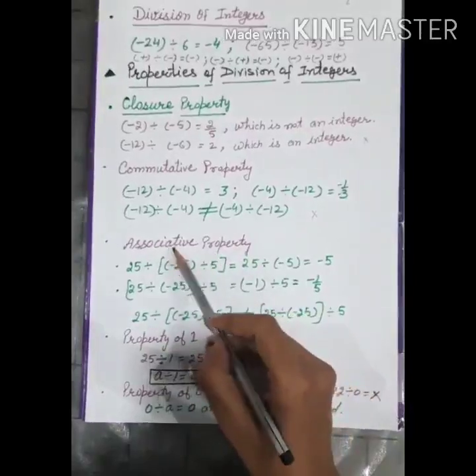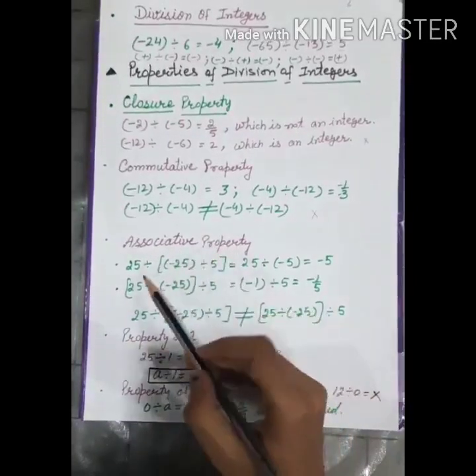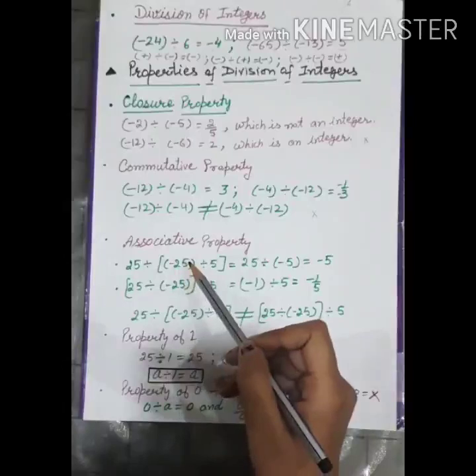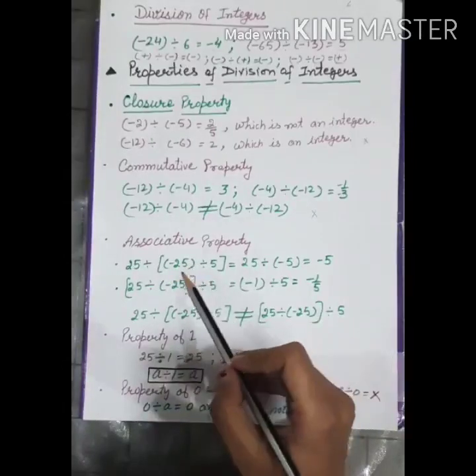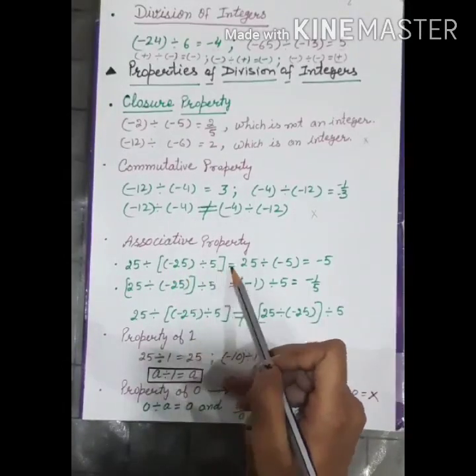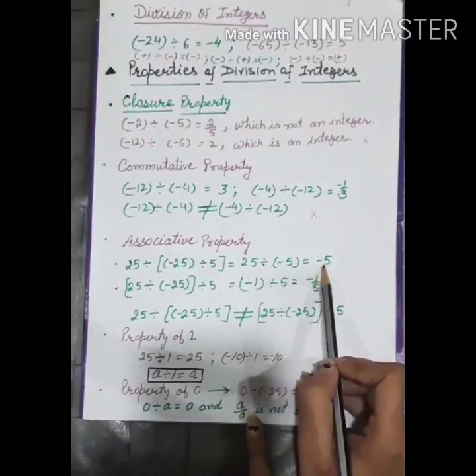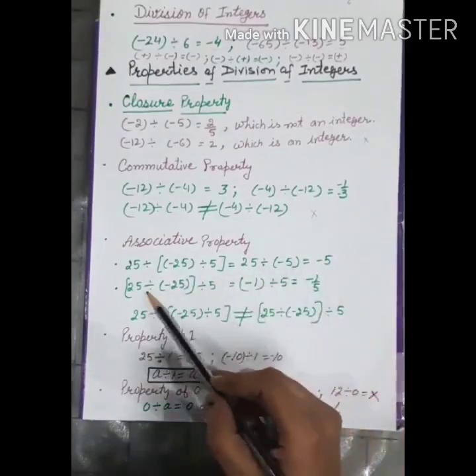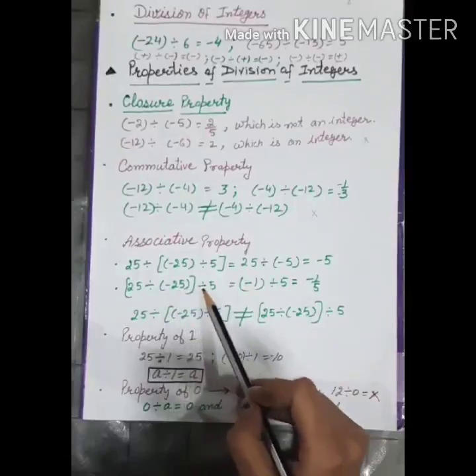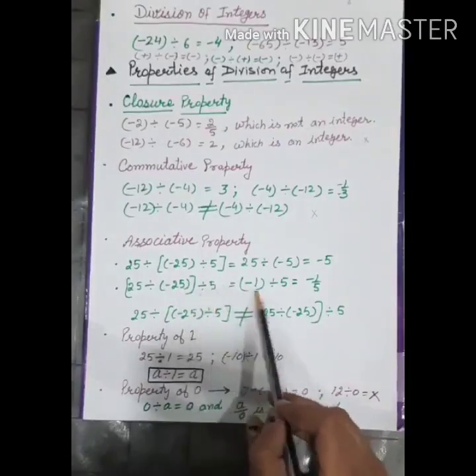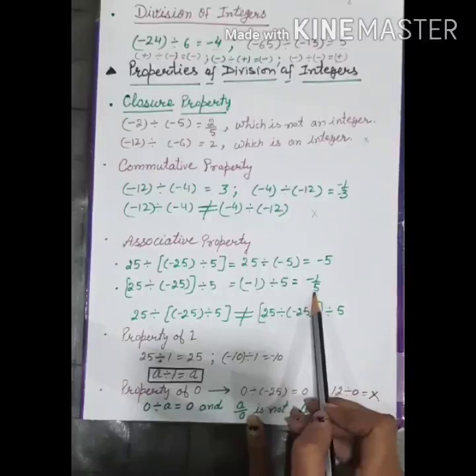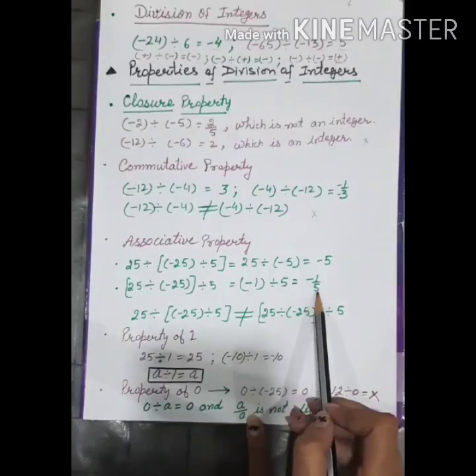Next is associative property. 25 divided by minus 25 divided by 5 is equal to 25 divided by minus 5, which is equal to minus 5. Whereas 25 divided by minus 25 divided by 5 is equal to minus 1 divided by 5.